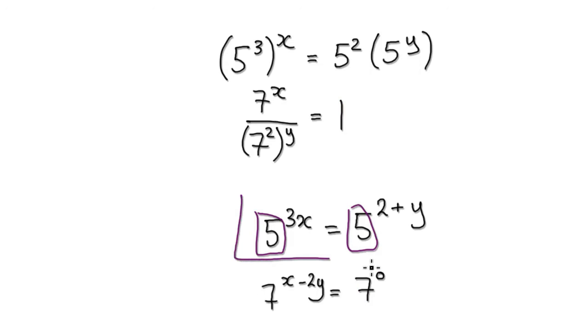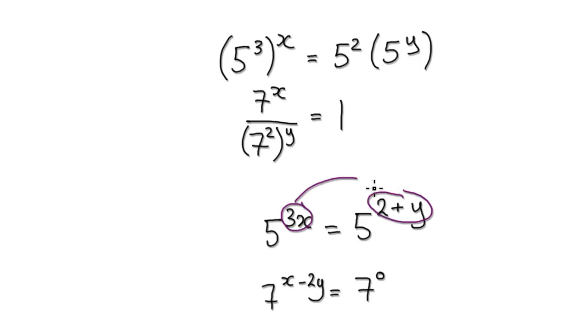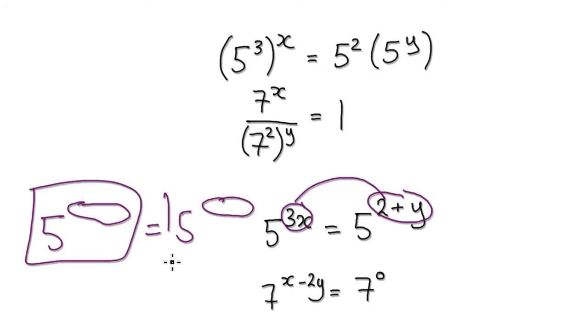Well, if you look at this thing here, you demanding that this whole block be the same as this is the same as you demanding that these two be the same. Because if these two are the same, then it will automatically imply that this will be the same as this.